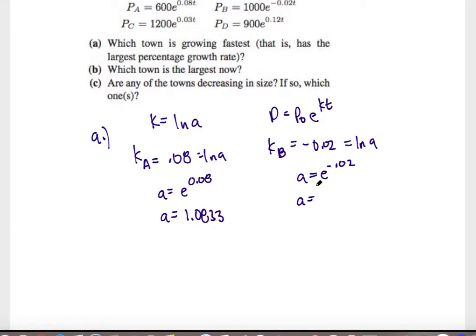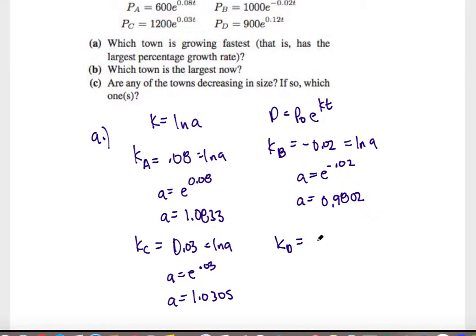So a will be equal to 0.9802. For C, we'll have 0.03, which is equal to ln of a. Therefore, a is equal to e raised to the 0.03. So a is going to be equal to 1.0305.